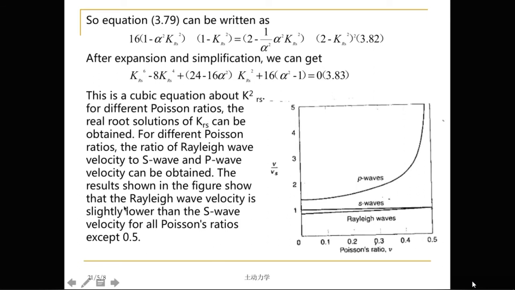In this figure, we can find that the Rayleigh wave's velocity is slightly lower than the S wave's velocity for all Poisson ratios except 0.5. Only at mu equal to 0.5 are they the same.